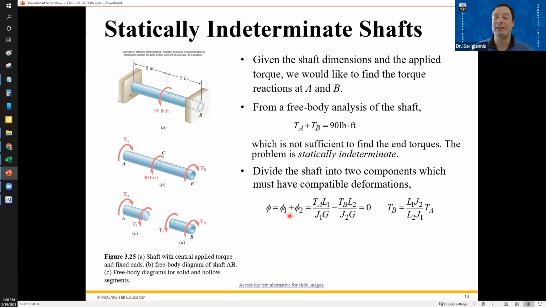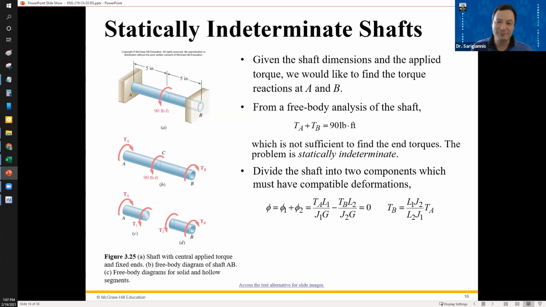So phi1 equals phi2, because in the center is where the full deformation is. This is made up of the solid portion and the hollow portion. Whatever twist the solid portion undergoes, the hollow portion undergoes, because they're meeting in the middle. That's where the load is. The overall twist is in the center.